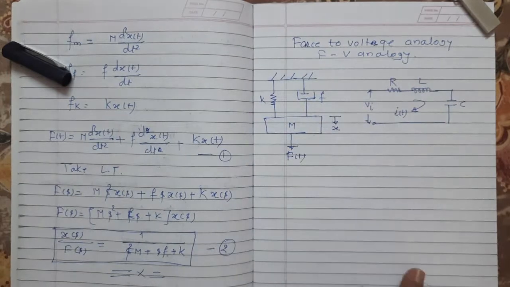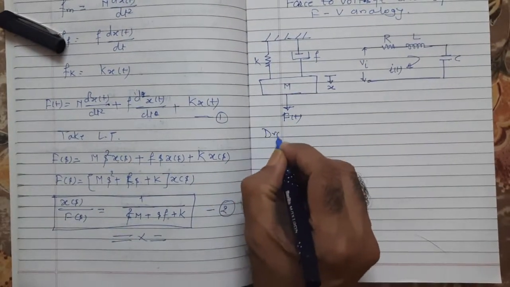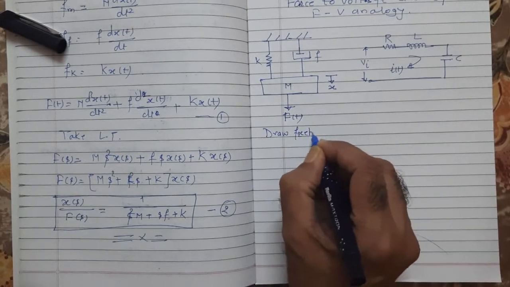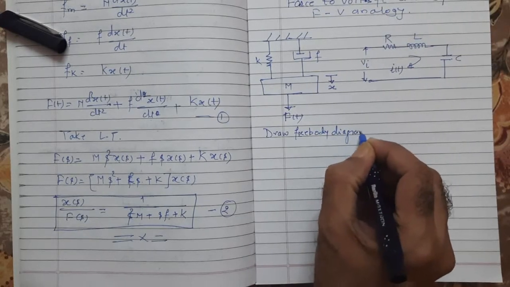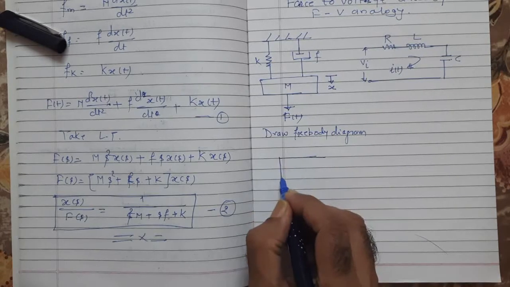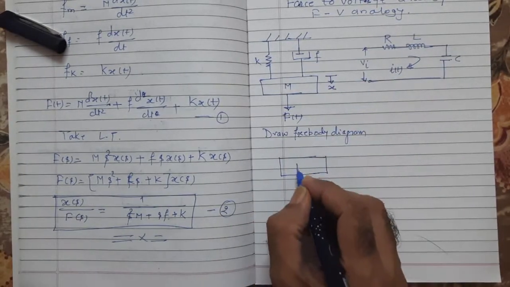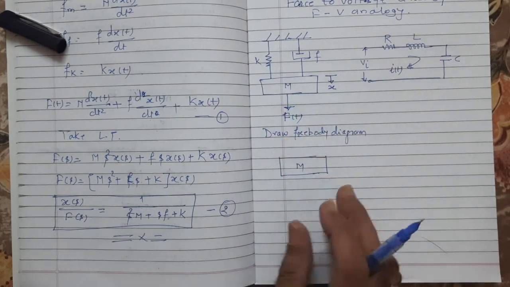Now for this mechanical circuit, draw the free body diagram. For this free body diagram we have one displacement, so we will have one free body diagram. Here is the M, the displacement is associated with the mass.